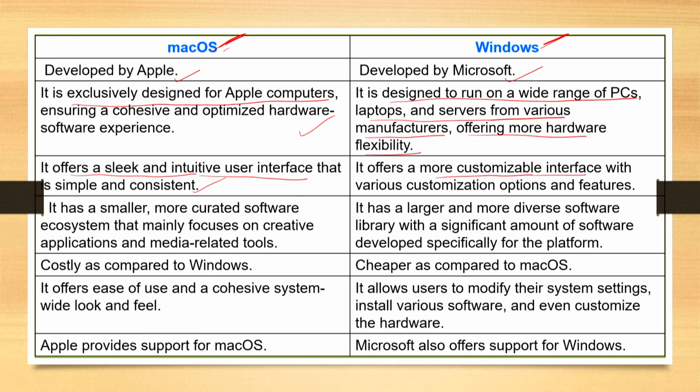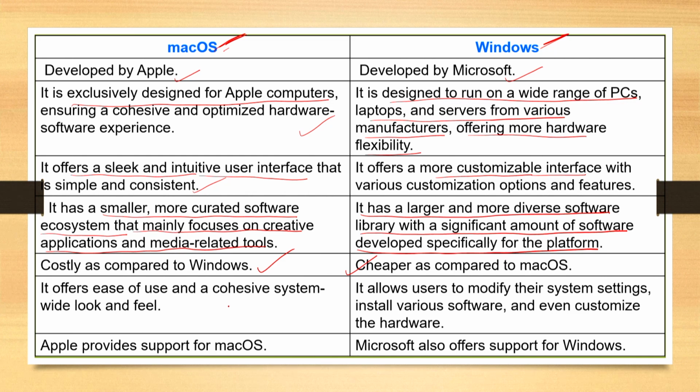The Mac operating system has a smaller and more curated software ecosystem that mainly focuses on creative applications and media related tools, whereas Windows has a large and more diverse software library with a significant amount of software developed specifically for the platform. Obviously, the Mac operating system is costlier than Windows.